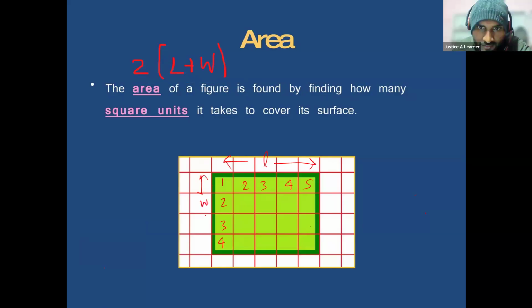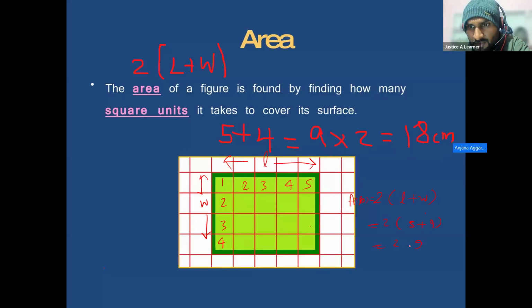That is great because you already followed the formula, that is 2 multiplied by L plus W, right? So this is basically the formula of perimeter. So 5 plus 4 is 9, multiplied by 2.